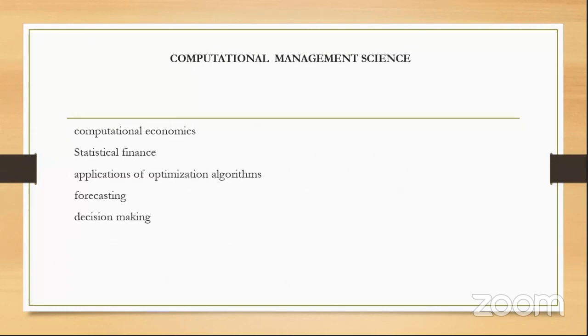Now, another thing is computational management science. When I say computational management science, that indicates that one is computational economics. We all know this from the basics, and I am not going into much technical detail.